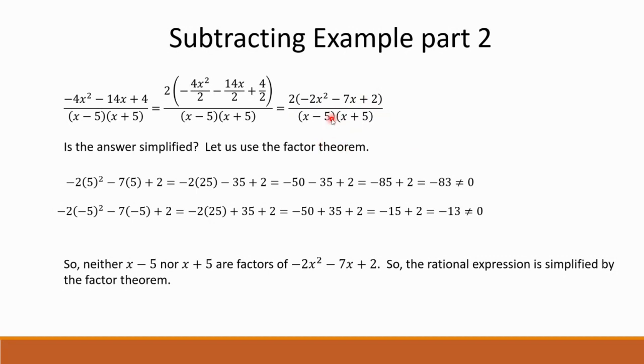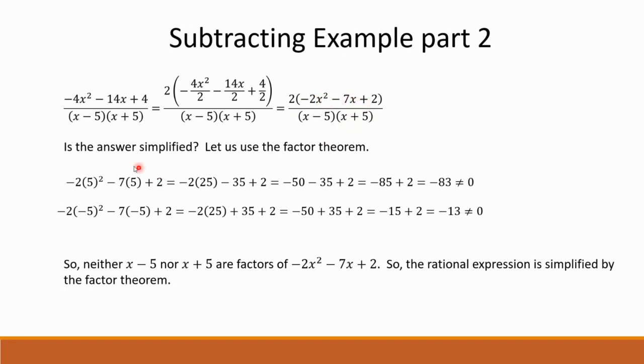So let me say it again. For x minus 5 to be a factor of the numerator, 5 would have to be a root of the numerator. For x plus 5 to be a factor of the numerator, -5 would have to be a root of this.